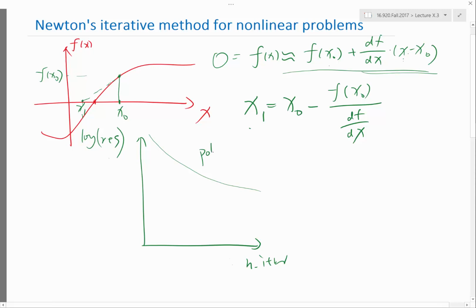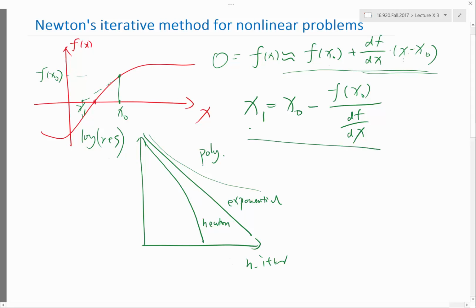So this is polynomial convergence. If I have exponential convergence, I have a straight line. And for Newton's iteration, I should see something like this. So this is Newton. If you ever implement Newton's method and see that it only converges exponentially, you probably have a bug in computing your derivative or your f. For true Newton's iteration, you should see super exponential convergence.